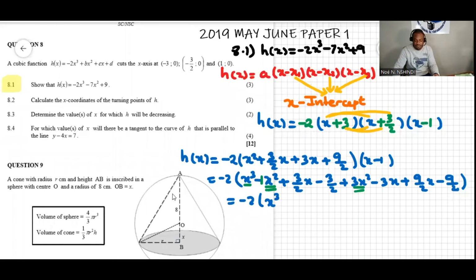It was 3 over 2. I said it, but I didn't write it. 3 over 2x times x makes 3 over 2x squared. And then 3 over 2x here times negative 1 makes negative 3 over 2x. Now I was saying the terms that end with x squared.